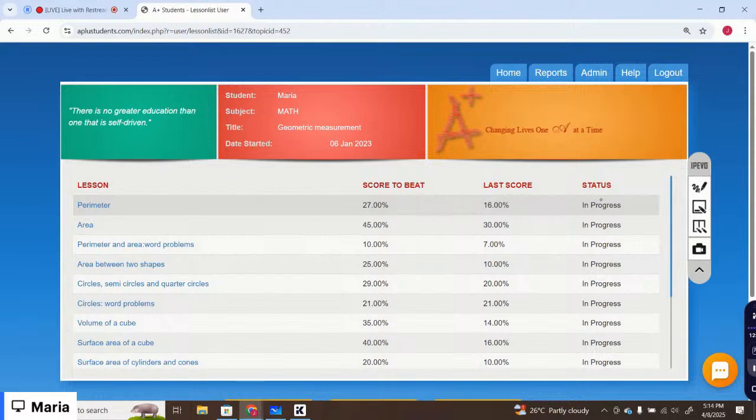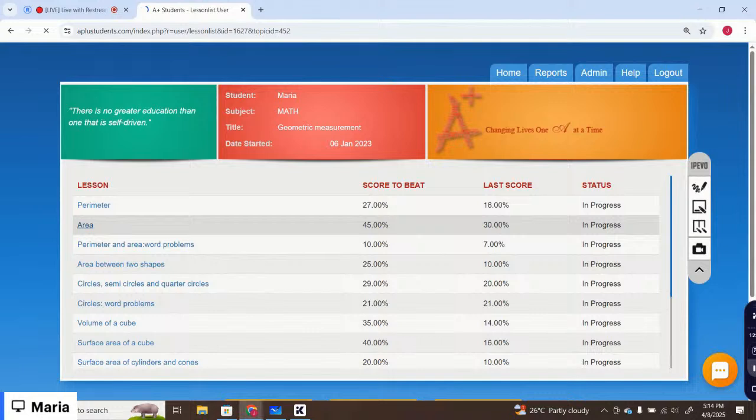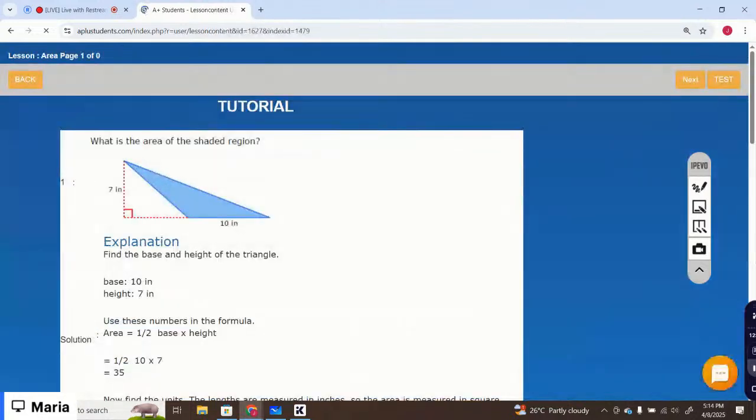Let's just start with the next lesson, that is area. What is the area of the shaded region? The area of a triangle is half times base times height.